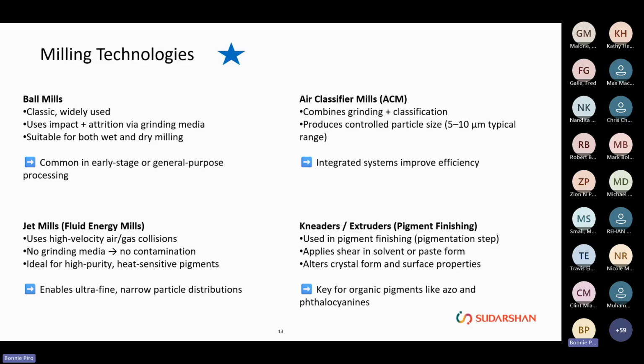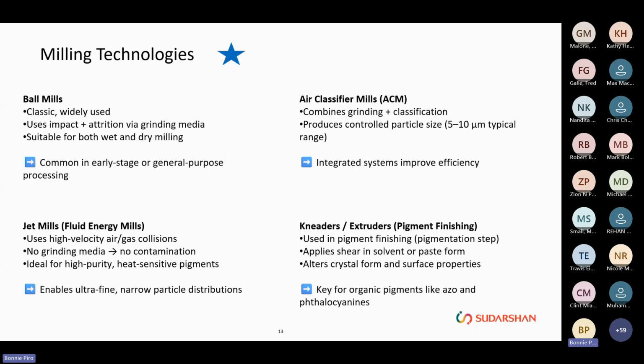Jet mills and air classification ones are key ones that are widely used in our production facilities. They have their purposes. For example, jet mills: one of the key things that brings to the finishing techniques is there's no contamination from grinding media or collisions with the shell itself.